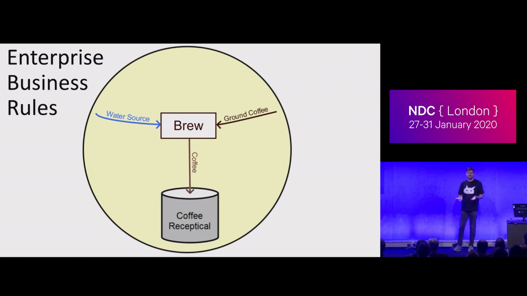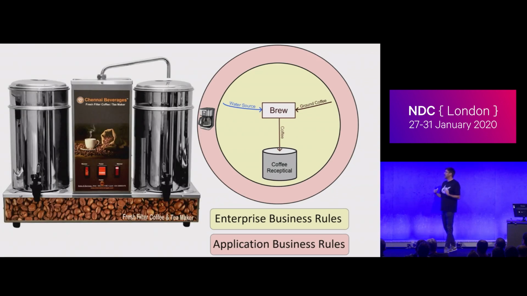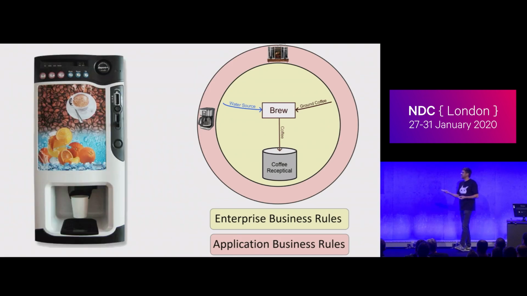And that's what you'd do with a stovetop espresso maker, but it's also the essence of making coffee in most coffee machines. If you've got one with a timer, that timer is application business logic. The essence of coffee never changes, like that brew process. The same if you've got one aimed at a conference: there are larger water sources and larger coffee receptacles, but the essence of making coffee never changes. And the same with a vending machine.